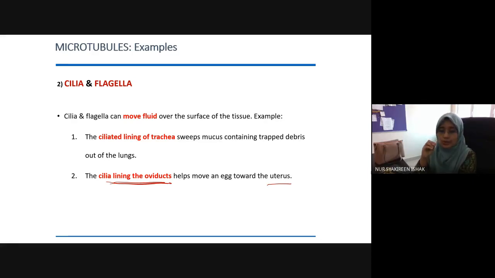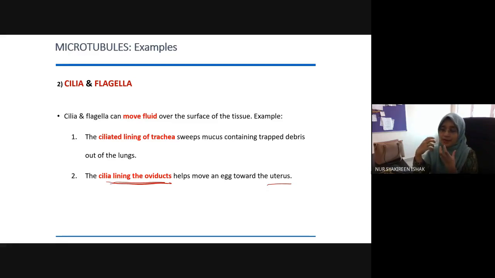Also take note, the cells of the trachea, apart from having cells that have cilia, also have cells that produce mucus, and these are known as goblet cells. The function of the goblet cells is to produce mucus.